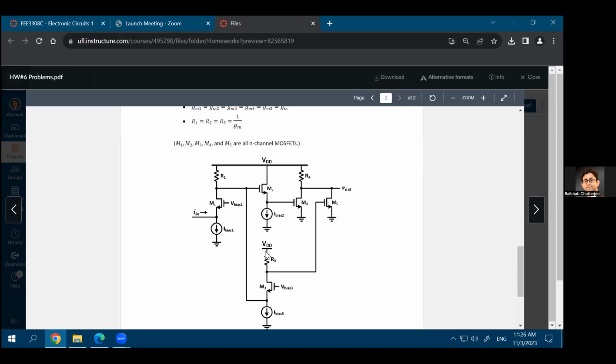At the drain node, what is connected? You have R3 and you have a parallel path that goes to the gate of the M5 transistor, but again, the gate is impenetrable, so there cannot be any current going into the gate. So this is infinite resistance. You don't need to consider that. So the resistance at the drain terminal of M3 is R3.